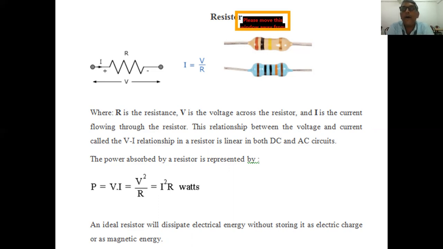If the value of the resistance is high, then the current which flows through the resistor drops. There is a relation between voltage and current, and that relation also gives us the power. The power is nothing but the combination of voltage and current.